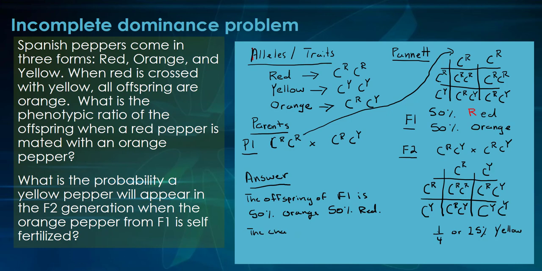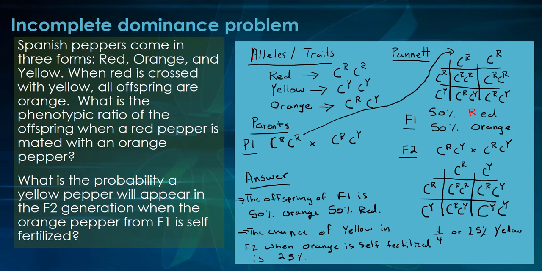Okay, there we go. The chance of yellow in F2 when orange is self-fertilized is 25%. Cool. There we go. Two-part question.